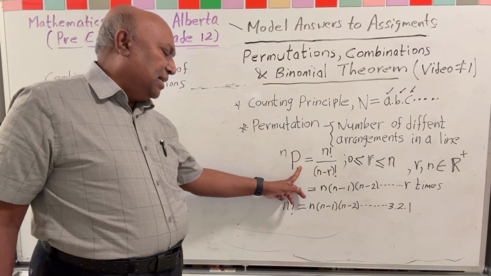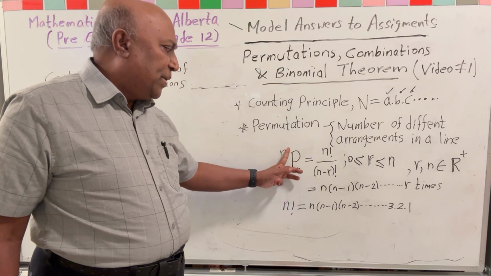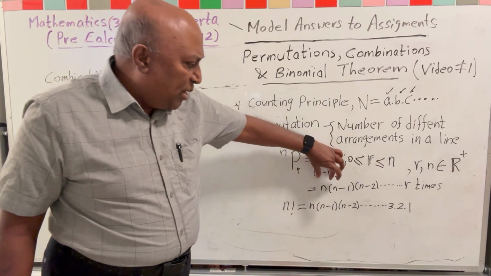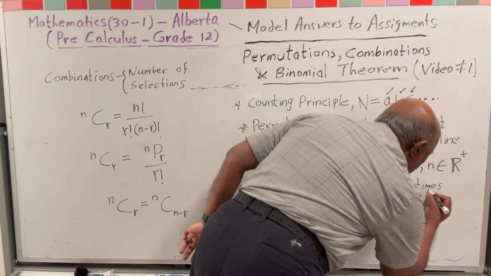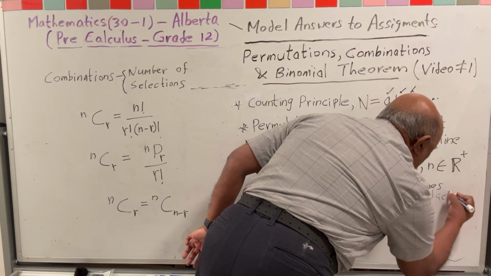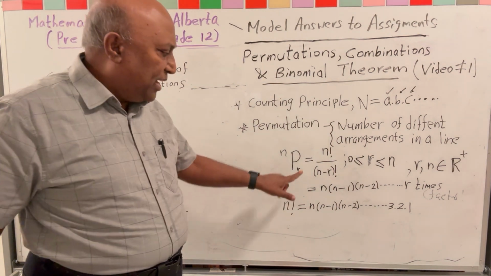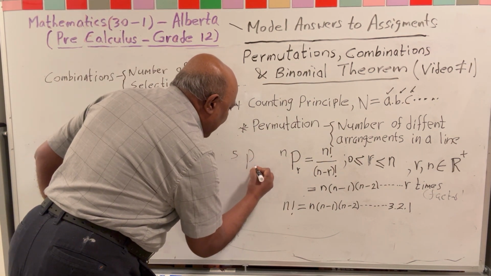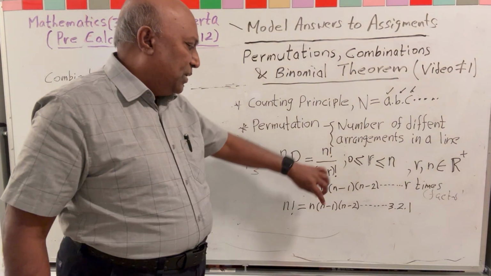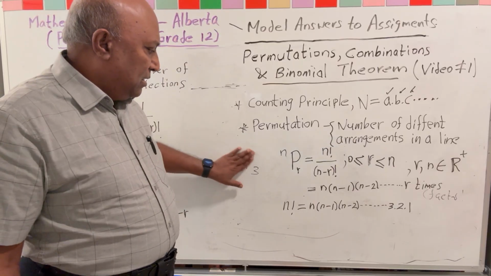If you see the subscript R here, in order to find nPr, you have to write R factors. For example, if n is 5 and R is 3, what is this number? 5, 4, 3, like that.